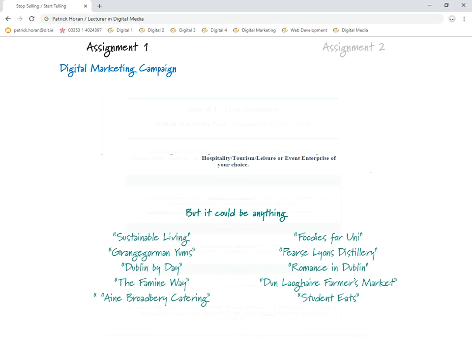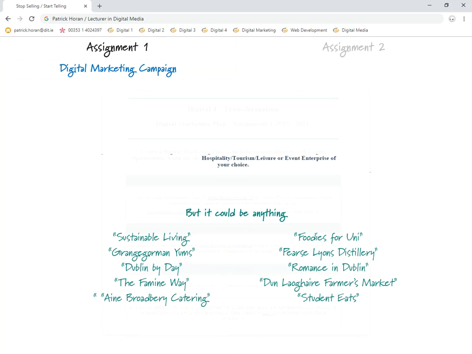Romance in Dublin, which is looking at maybe places to go for romance and maybe first dates or whatever the case might be. The Dunleary Farmers Market was another concept that people designed a campaign for. Foodies for Uni, which is places for students to eat, maybe at discounted rates and so on. Sustainable living. There's lots of different ones.